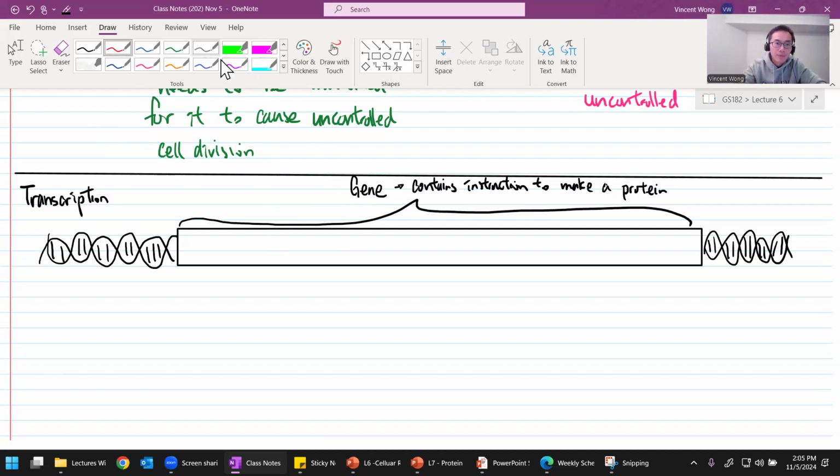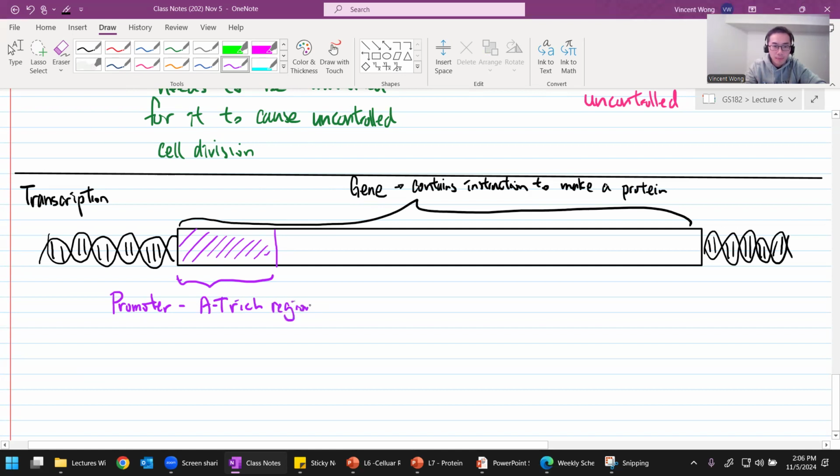All right. So at the beginning of the gene, there is a special sequence. These are all DNA, all like ACTGs. There's a special sequence here called a promoter. It is an AT-rich region that marks the beginning of a gene.